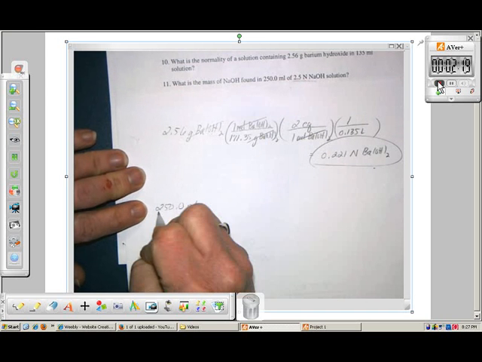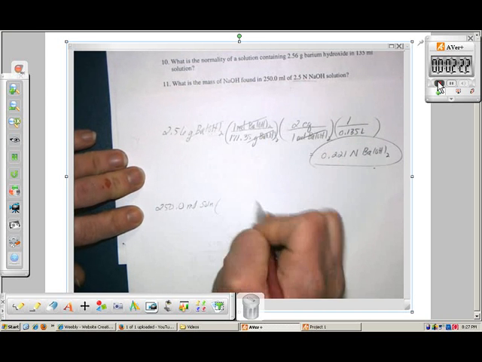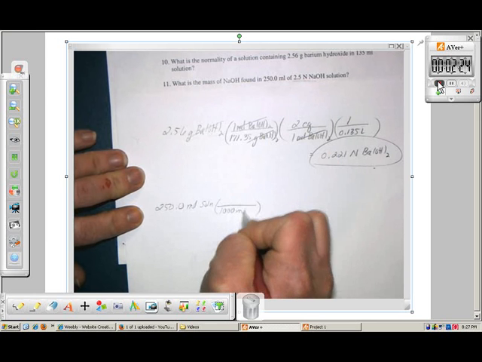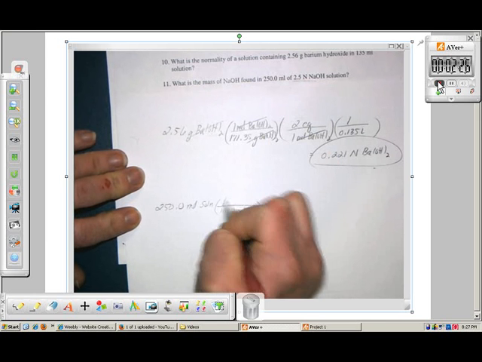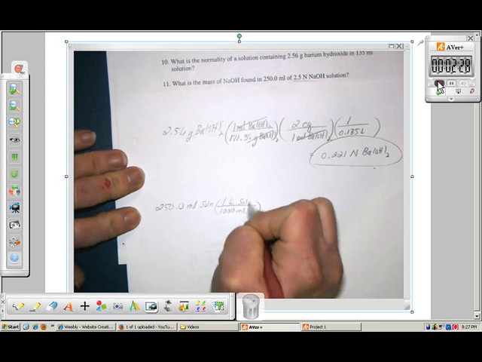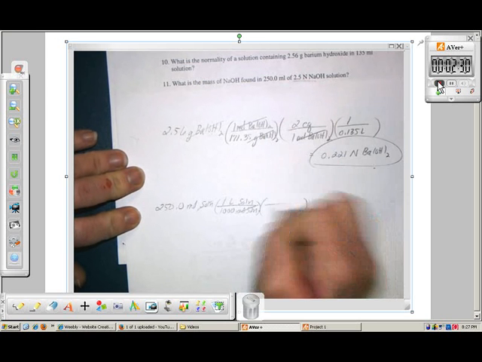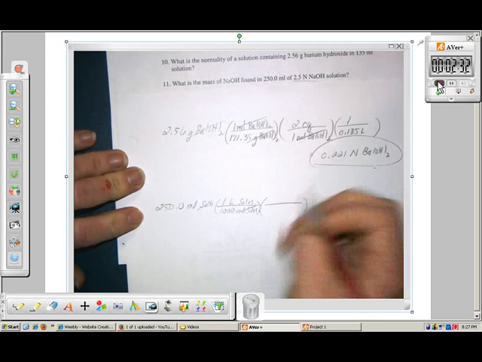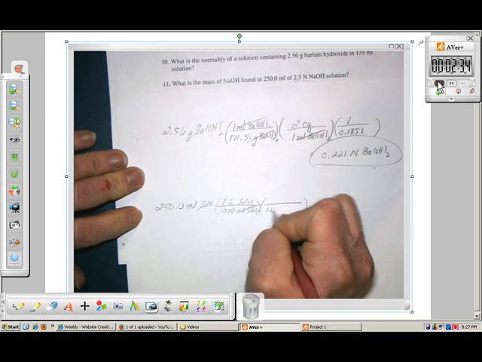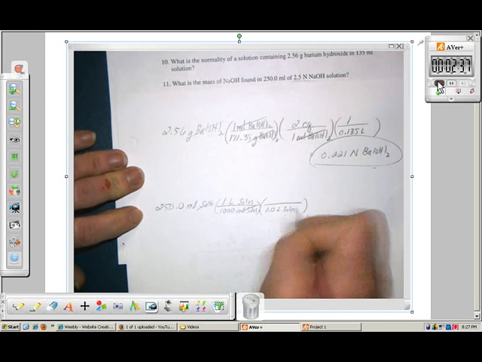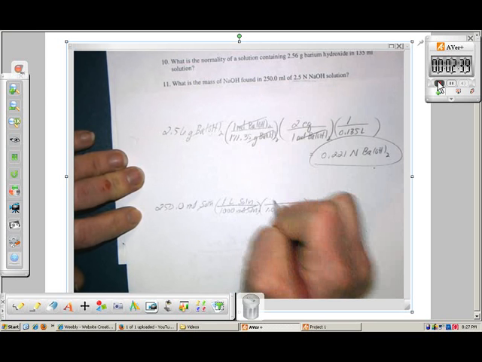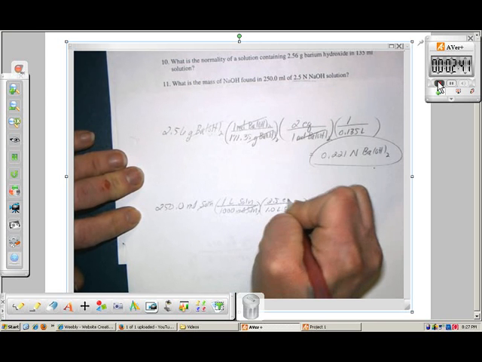For every 250 milliliters of solution, there's 1,000 mils per liter of solution. And per my normality, for every 1 liter of solution, and going with 2 sig figs to respect that, there are 2.5 equivalents.